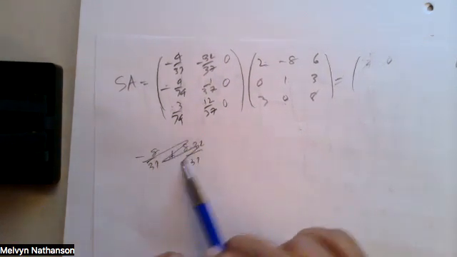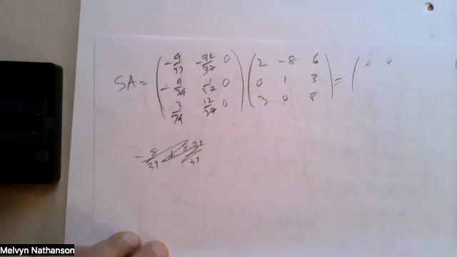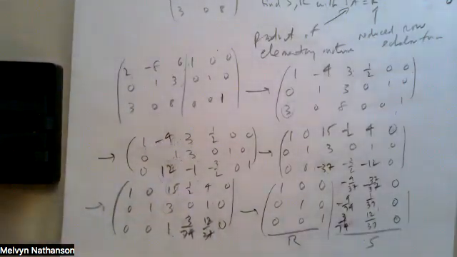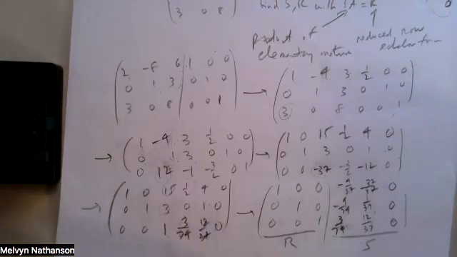Again, it's all wrong. I don't know what I did. Let me think about this for a moment. Let me go back and see where I made a mistake. So somehow, I think I see it.